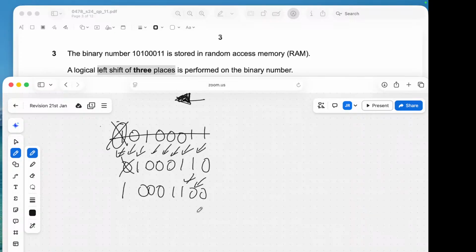Then the last shift: 0, 0, 0, then 1, 1, because those two get shifted here and here. Then we've got 3 zeros, but we lose that 1 there. The answer is 0, 0, 0, 1, 1, 0, 0, 0.